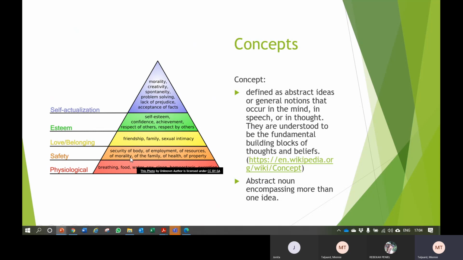It doesn't move towards the concept. So it's important that you understand what concepts are, because you are going to think in terms of concepts. They are understood to be the fundamental building blocks of thoughts and beliefs.